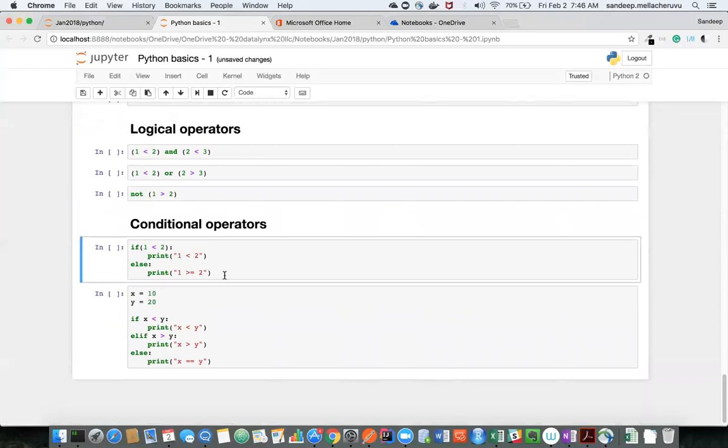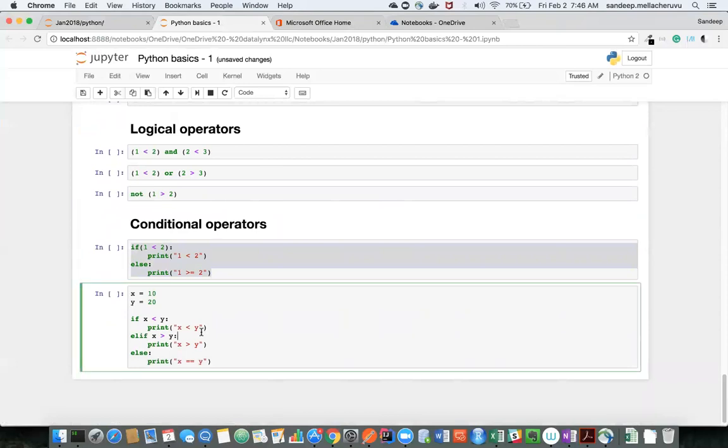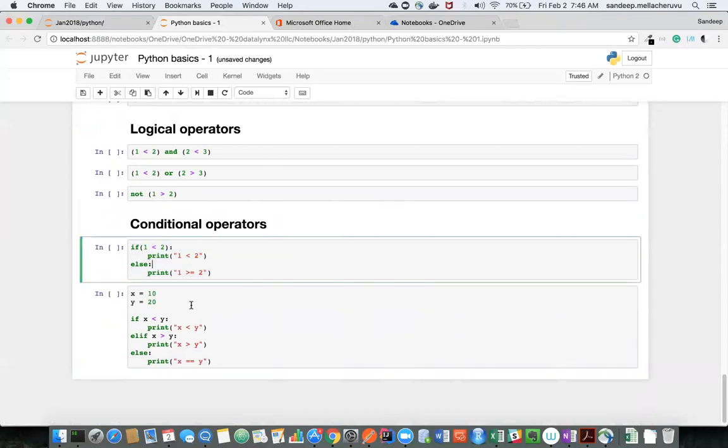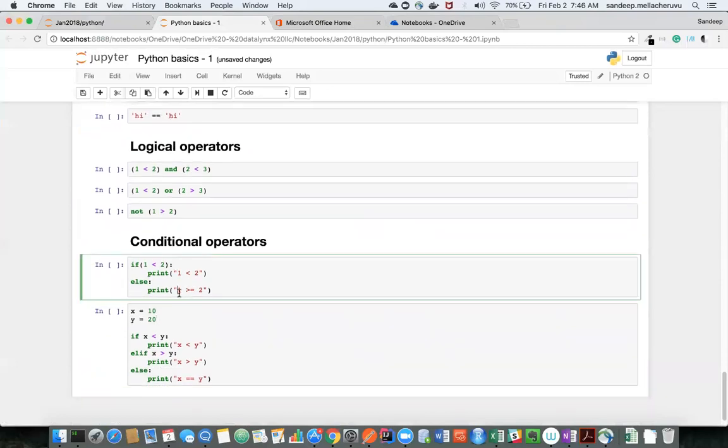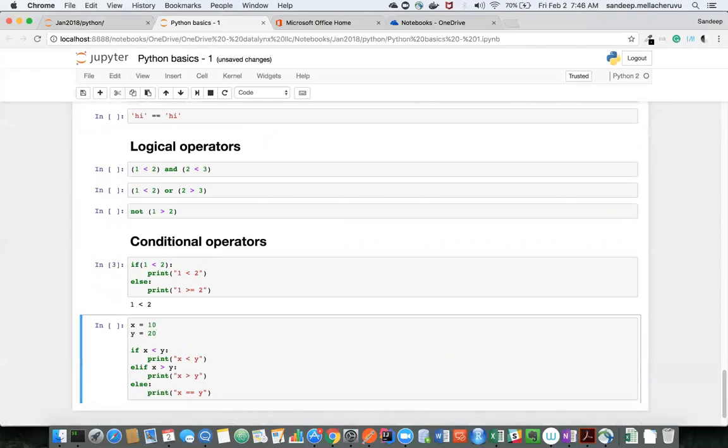All your code will go into each of these cells, and you can run each cell independently also. So for example, I did not run any of the cells above, but I can run this cell. Only this cell I can run. When I am running the cell, I am pressing shift and enter.